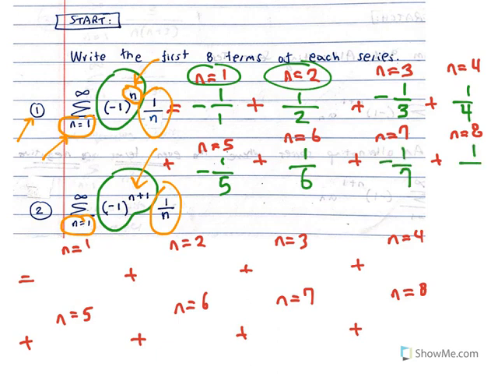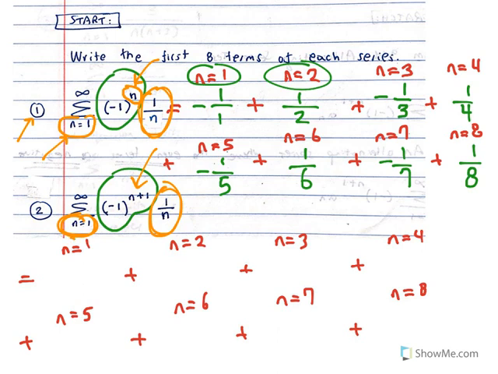So now we'll take a look at the second example. They both have the same nth term, 1 over n, but the difference is that in the first example, the odd numbered terms were negative, and in the second example, the even numbered terms will be negative. We know that because the index starts at 1, and the negative 1 is to the n plus 1 power. So when n is an odd value and you add 1 to it, n plus 1 will be even.